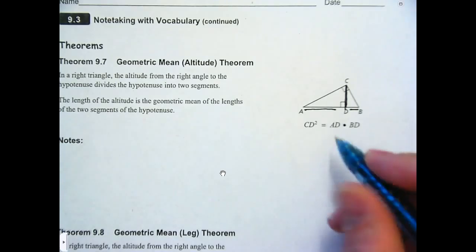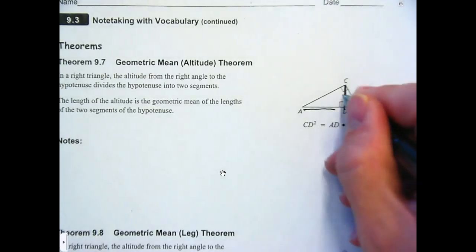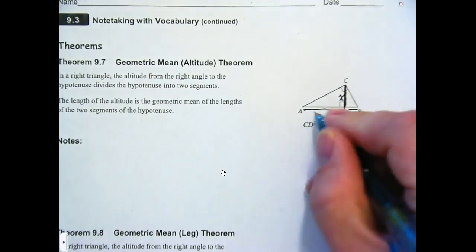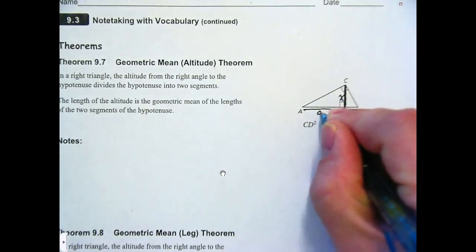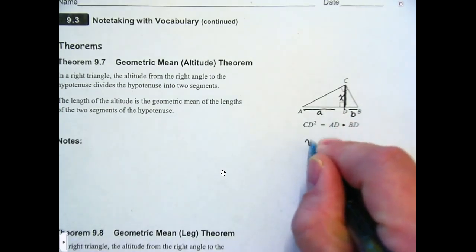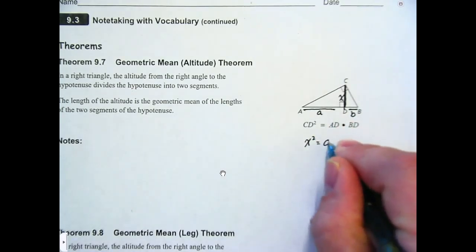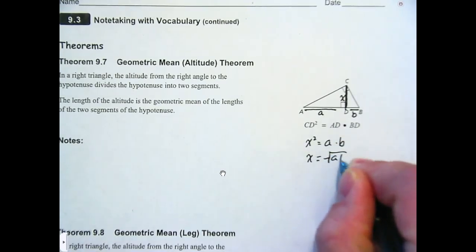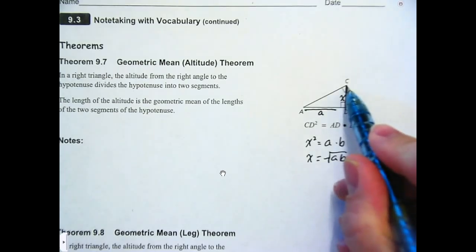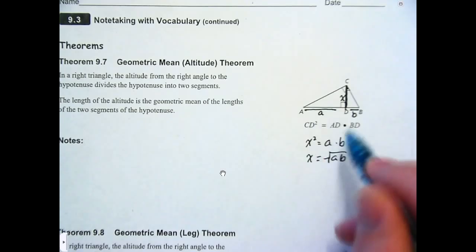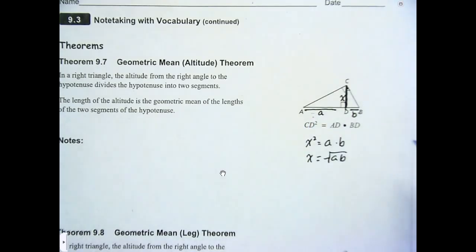Well, really, that means if I was to call this length X, and this length A, and this length B, that would mean x squared is equal to a times b, or x is equal to the square root of ab, which means this length right here is the geometric mean of the lengths of these two segments.